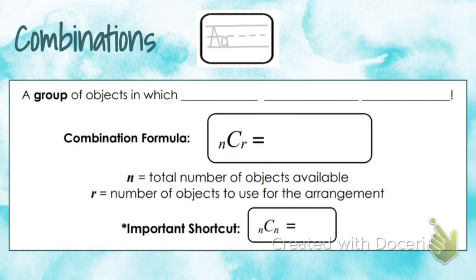Okay, so the other type, and this should go a little faster, is a combination. Combinations are written as NCR. So C for combination, P for permutation. And a combination is a group of objects in which order doesn't matter.